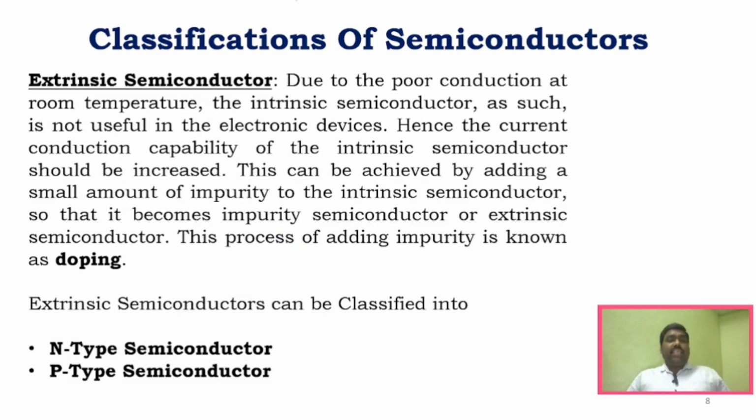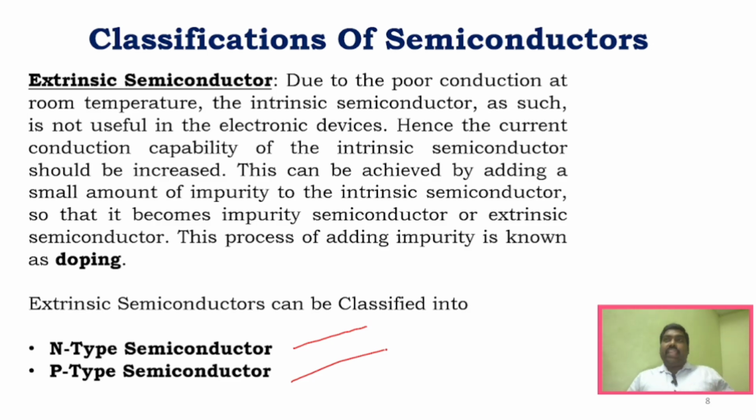And this process of adding impurities to the intrinsic semiconductor is called doping, right? And depending upon the impurity used, it can be divided into N-type semiconductor and P-type semiconductor, right? We will come back to this a little later.